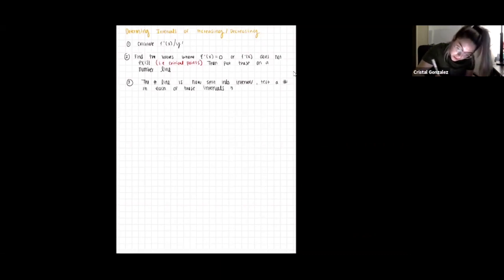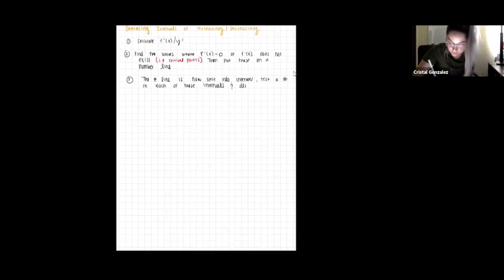And determine where f prime of x is less than 0 and where f prime of x is greater than 0 on each interval.